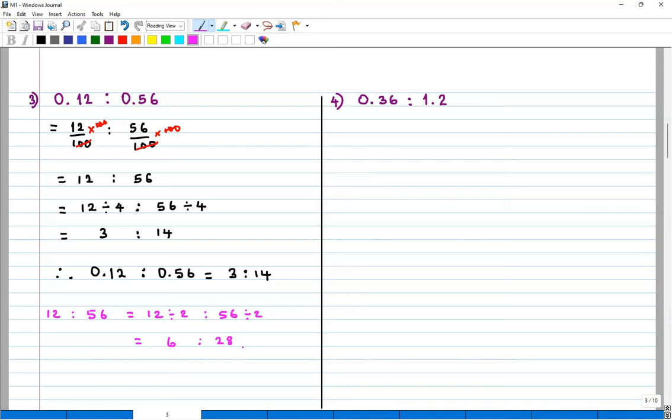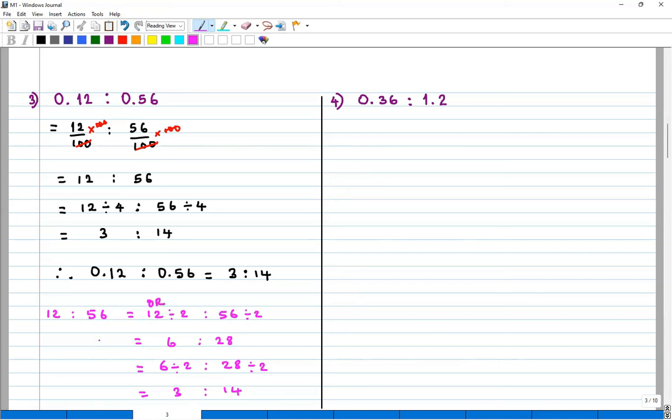So again, you have got to continue and reduce it. You can again divide 6 by 2 and 28 by 2, so that you come up with 6 divided by 2, that is 3, and 28 divided by 2, that is 14. This will be the simplest form. It means that you have finished because you cannot reduce it any further.